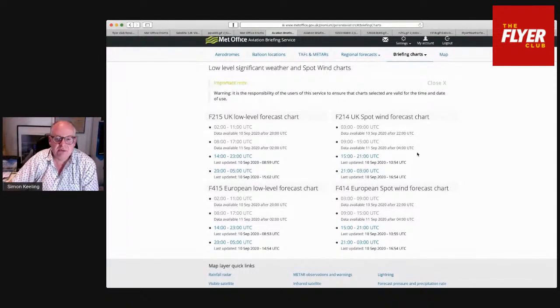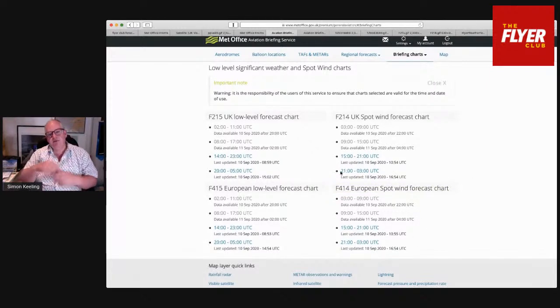So we've got issue times here listed for form 214 as well. And just notice too on here that there is form 414, which is the European spot wind forecast chart as well. So they're listed there too.